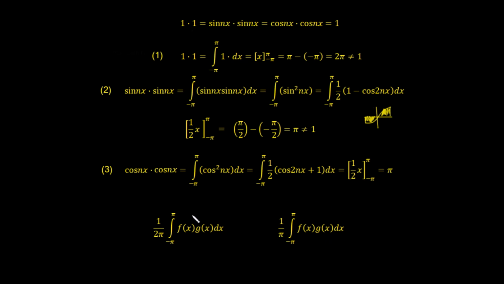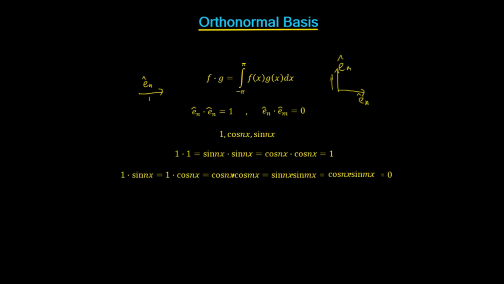So these are going to be the dot products that we can use, and with these dot products we know that the value for our orthonormal basis 1, cos nx and sin nx is correct.